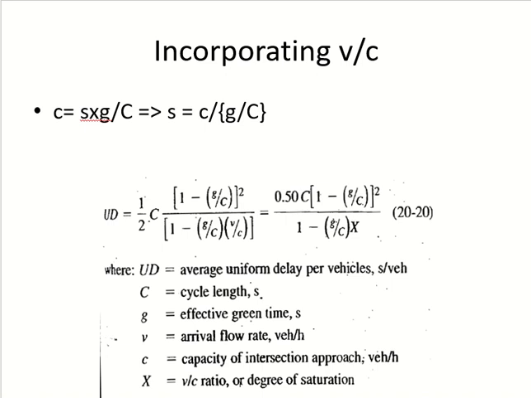Instead of writing V upon C, demand upon capacity, we often write X. X means V upon C. We also used it in another delay equation, the roundabout delay equation, which also has X, meaning V by C ratio. Clear? Okay.